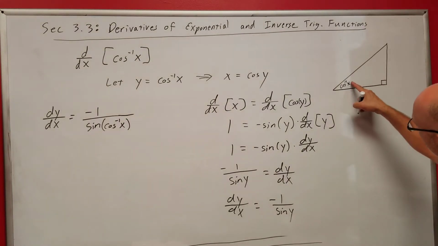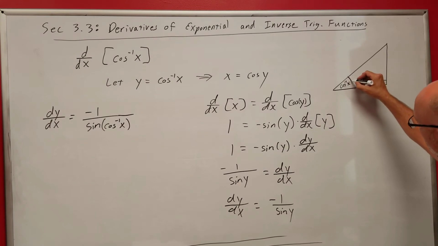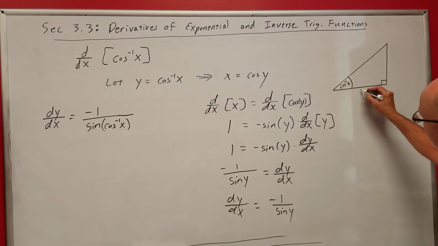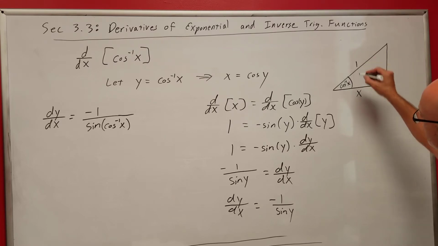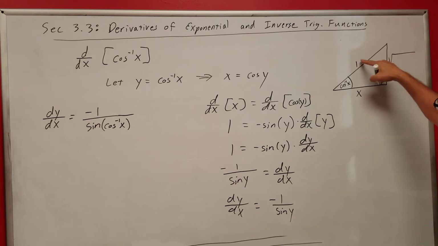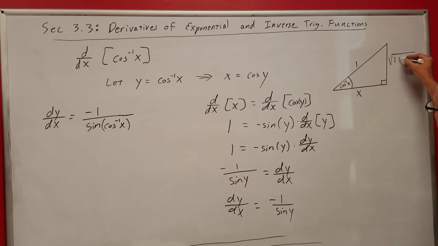So if I take the cosine of this angle, I should get x. The easiest way is to call that x, call that 1. If we use the Pythagorean theorem to find the length of this side, it'll be the hypotenuse squared minus this side squared under the radical.